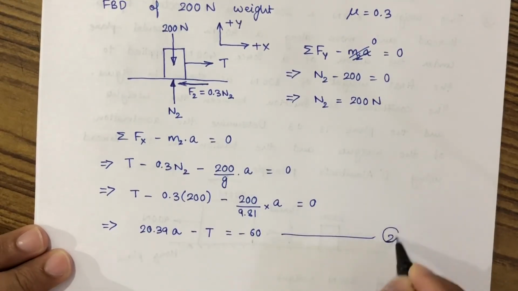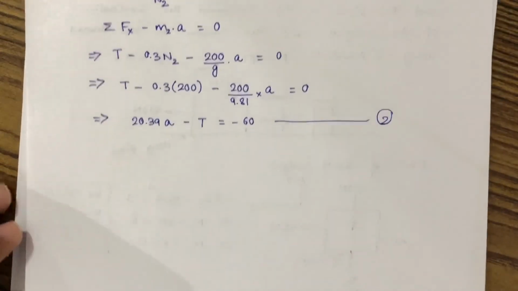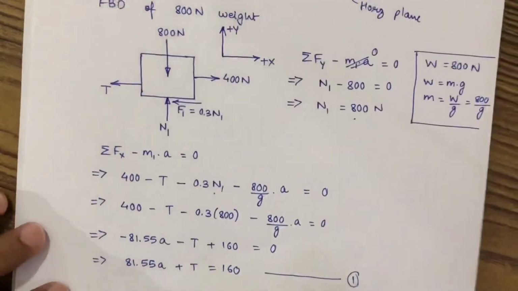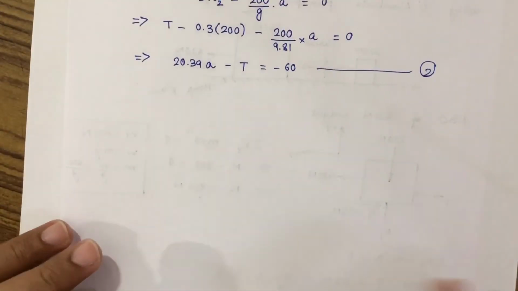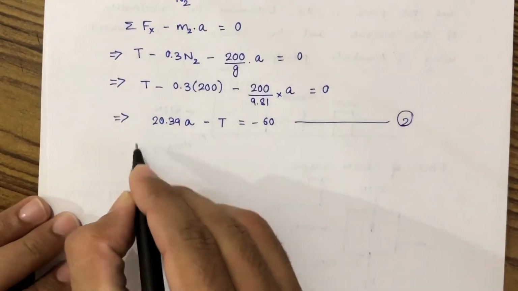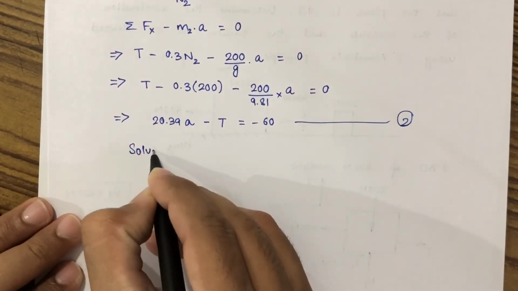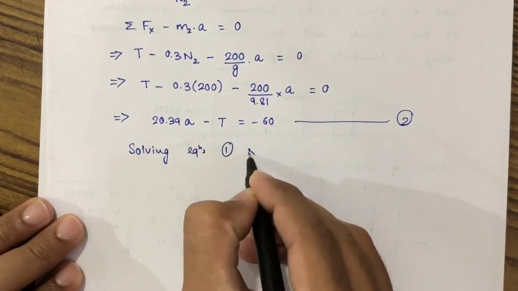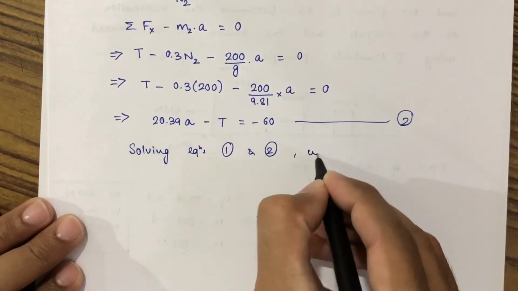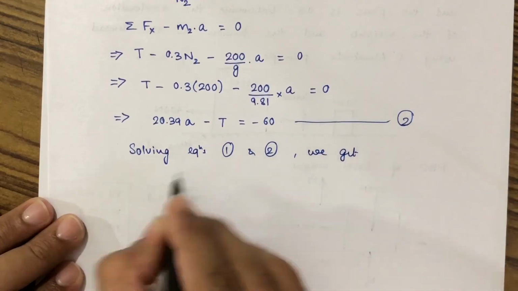This is the second equation. So we have got two simultaneous equations now. One is this and the other is this. Based on these two equations, if we solve on the calculator, solving equations 1 and 2, we will get the value of a and T.